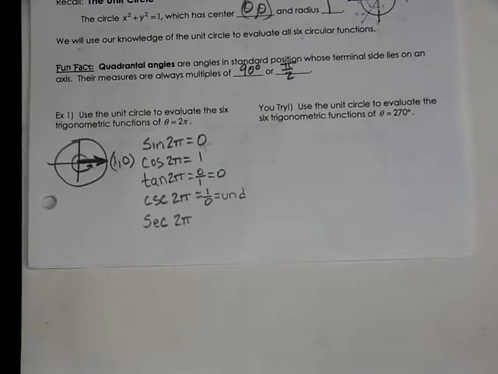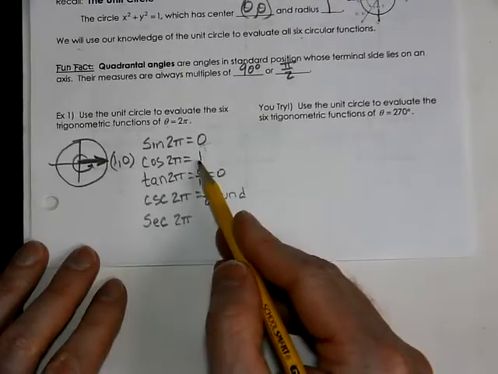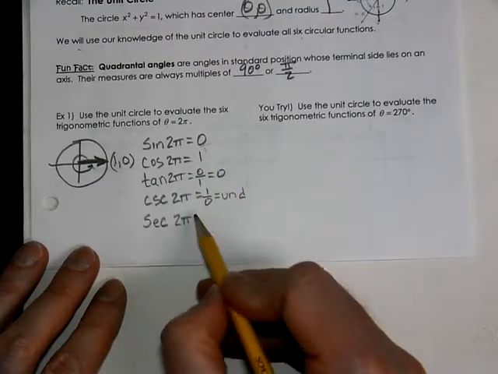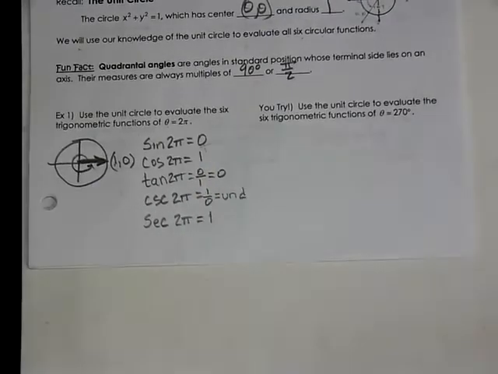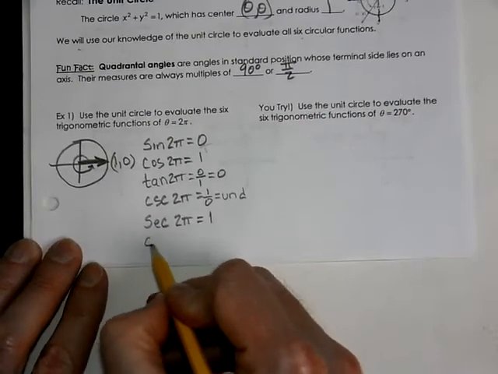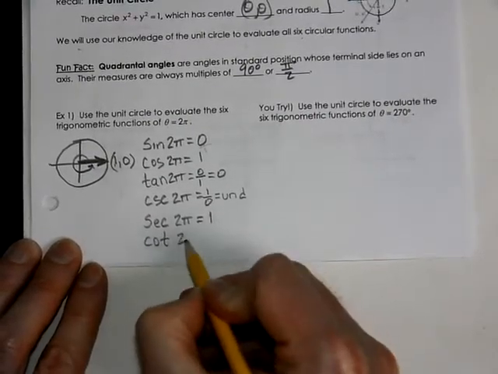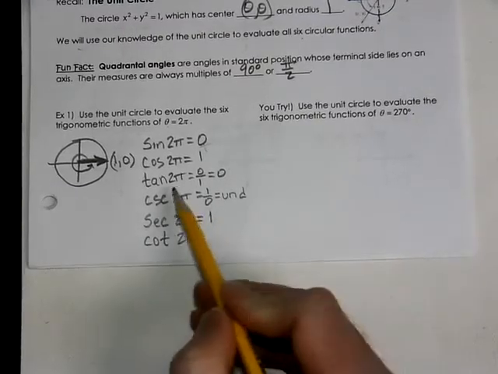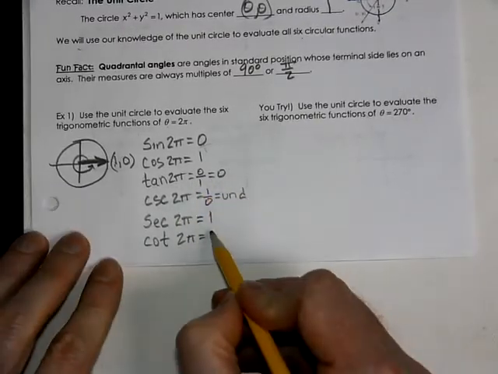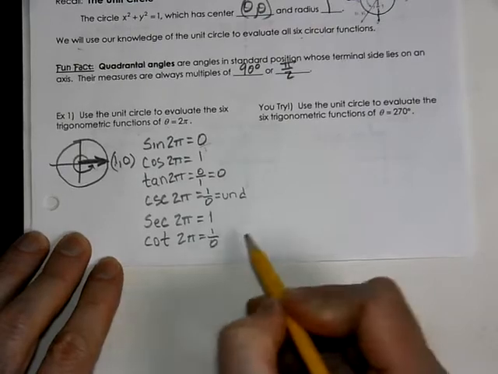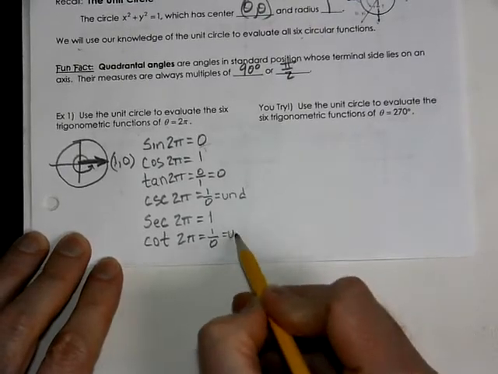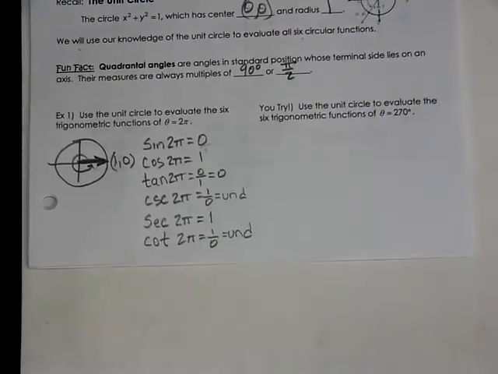Secant of 2 pi is the reciprocal of cosine. Cosine is 1, so that's 1 over 1, so it's still 1. And then we finish up with cotangent. That's the reciprocal, so it becomes 1 over 0, and you can't divide by 0, so we call that undefined.